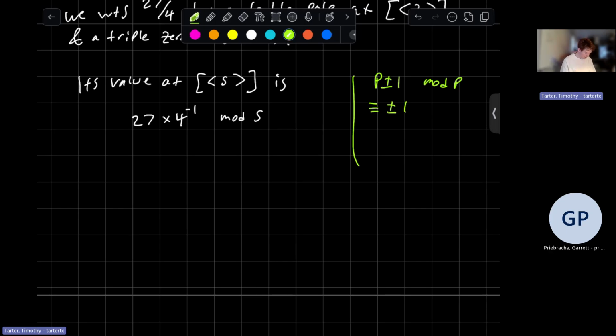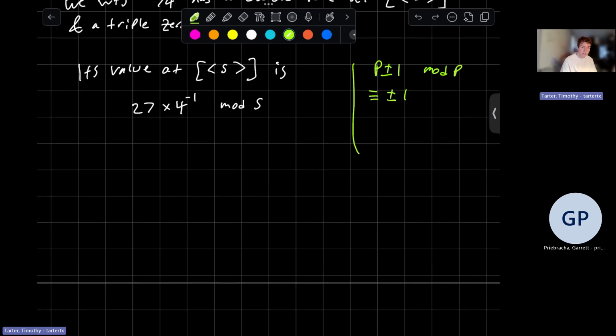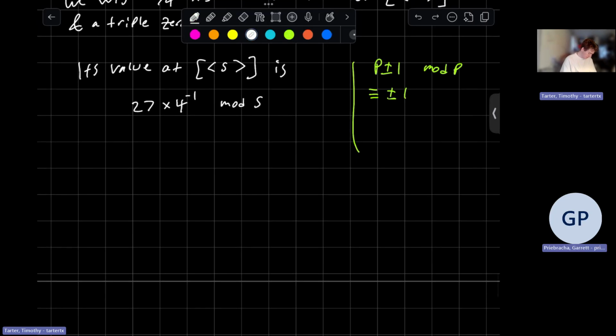And so in this case, 4 mod 5 is congruent to minus 1, so 4 inverse is congruent to minus 1. So this is congruent to 27 mod 5, which is 2, times negative 1 mod 5, which is congruent to 3 mod 5.